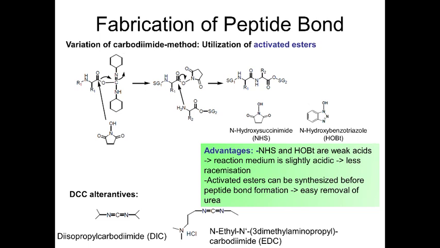In this case, again, we start with activating the amino acid with DCC, and instead of now directly adding the second amino acid, we, for example, add N-hydroxysuccinimide that you see at the bottom, and this NHS can react and replace the DCC.